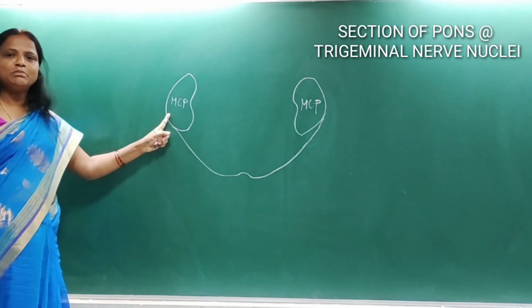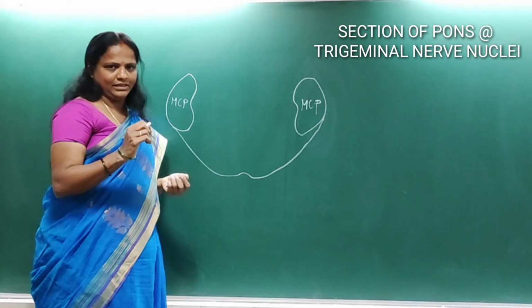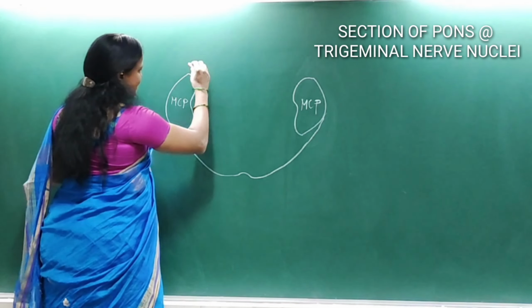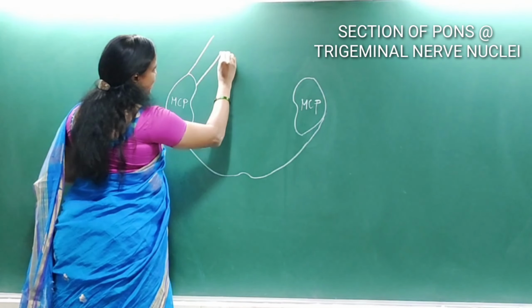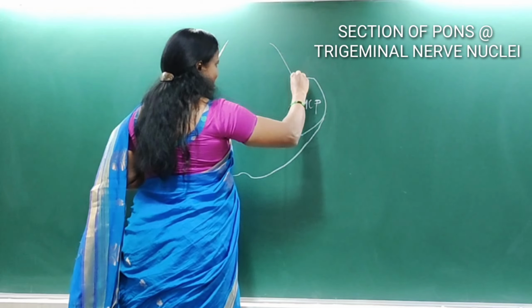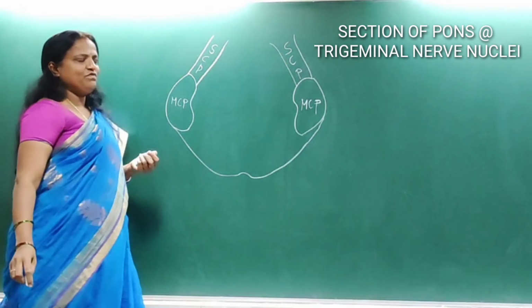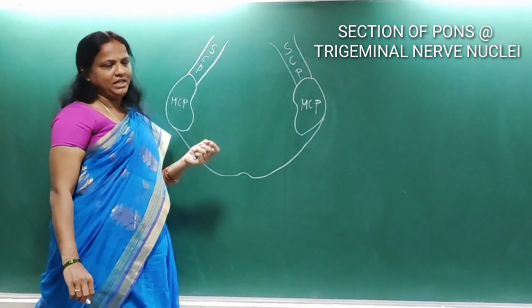This is the middle cerebellar peduncle which is going to connect the pons with the cerebellum. Then posteriorly, this is representing the superior cerebellar peduncles, which connect the cerebellum with the midbrain.